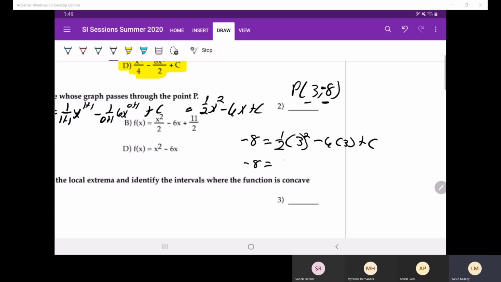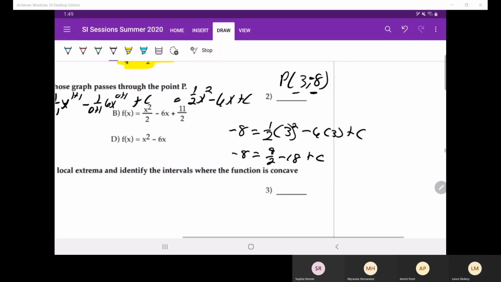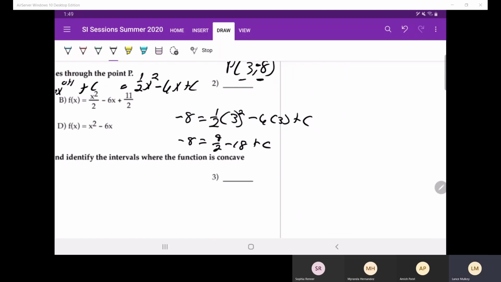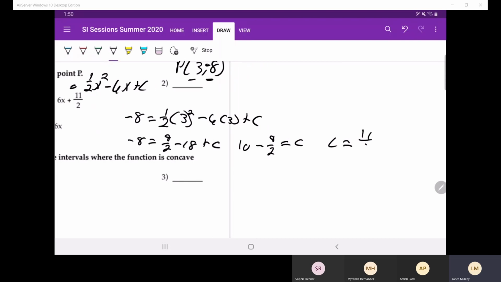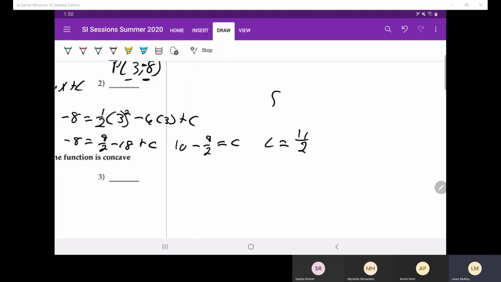So negative 8 equals 9 over 2 minus 18 plus c. So 10 minus 9 over 2 equals c. C equals 20 over 2 minus 9 over 2, which is 11 over 2. So f of x equals 1/2 x squared minus 6x plus, we have our c, 11 over 2. Any questions?